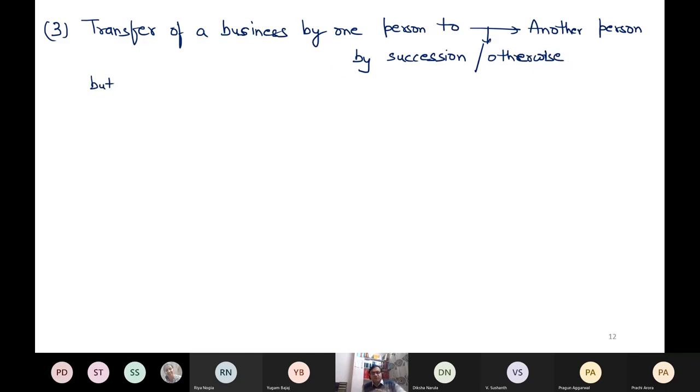The intention is that now another person will carry forward this business, but as a going concern.